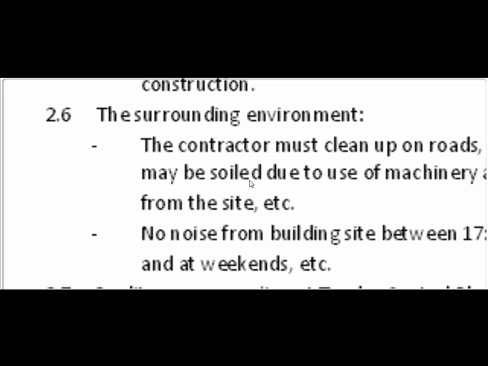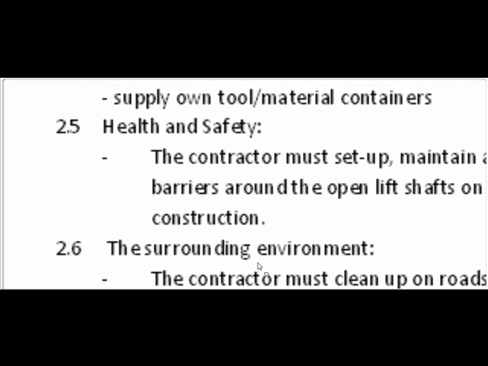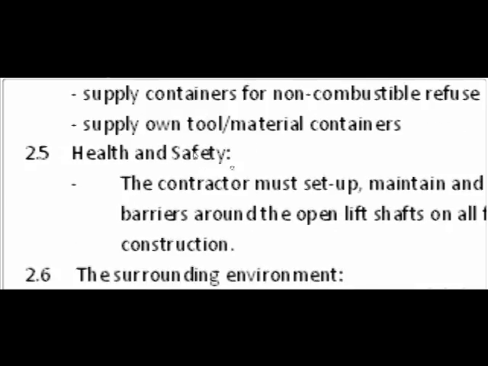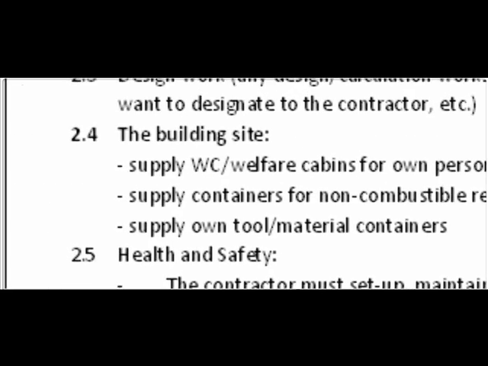Well, mostly this is about putting up barriers that prevent the environment from being spoiled by noise or by vibration and so on. The fence for the building site would come in under the building site here under section 2.4.